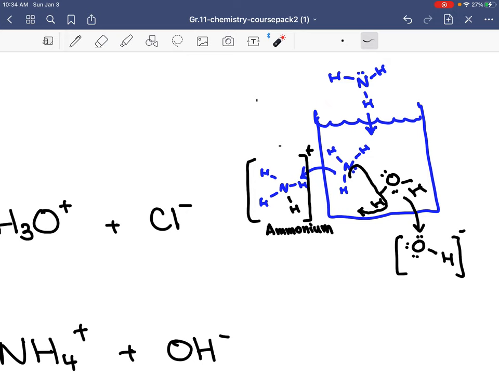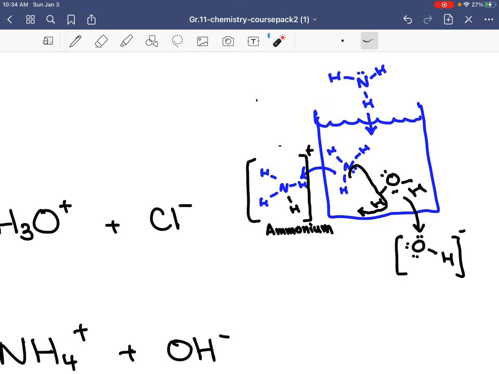For diprotic acid, if necessary, meaning that it depends on the situation, HSO4 minus can ionize. Again, the word ionize means to create ions, where HSO4 can donate another H plus.